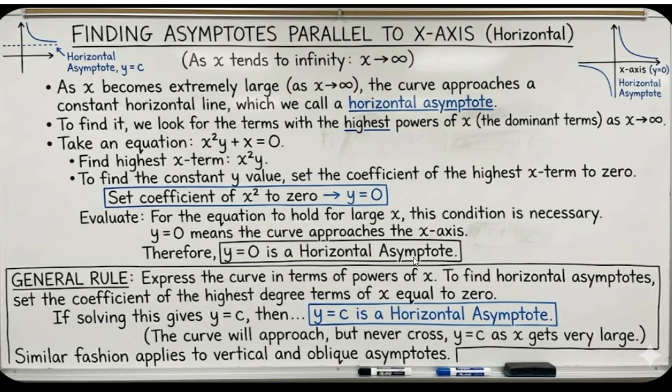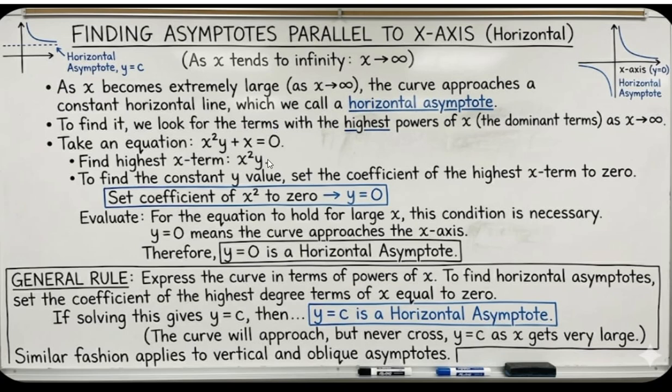What we are doing here is, whenever the equation of the curve is there, with a simple example I am explaining to you: x²y + x = 0.